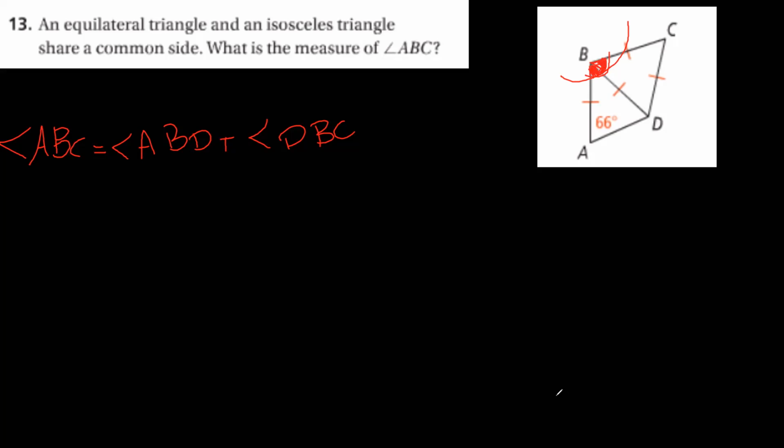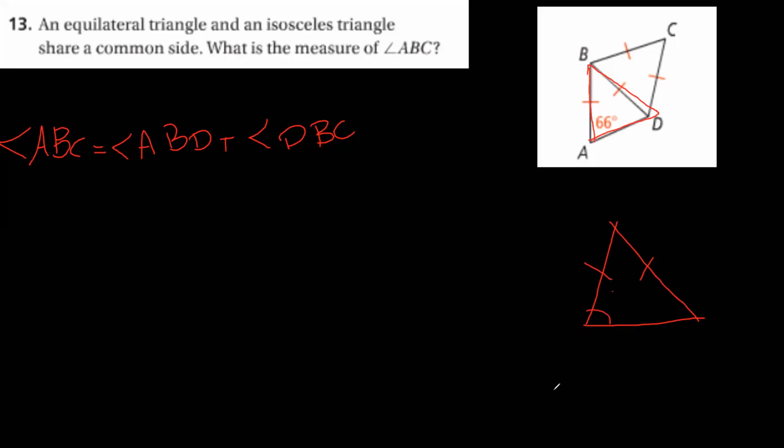Now, after that, let's find the ABD first. If you look at this triangle here, which type of triangle is it? It is an isosceles.